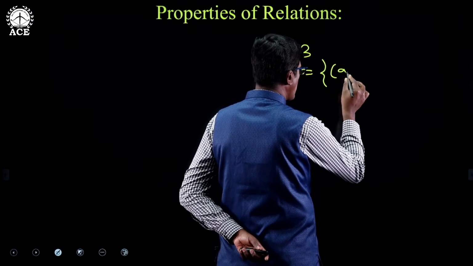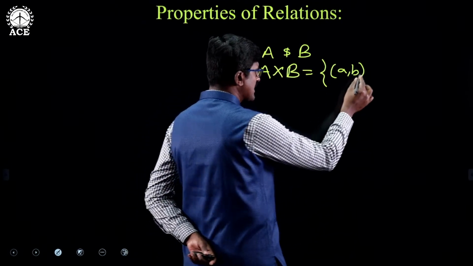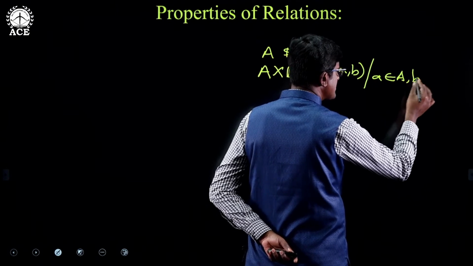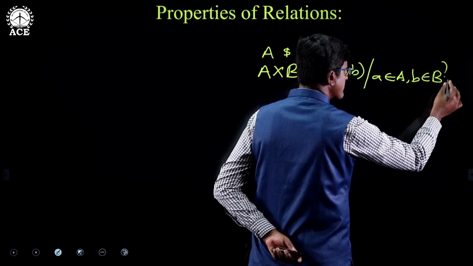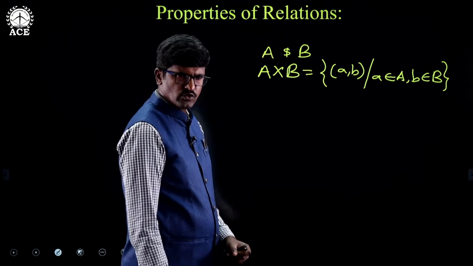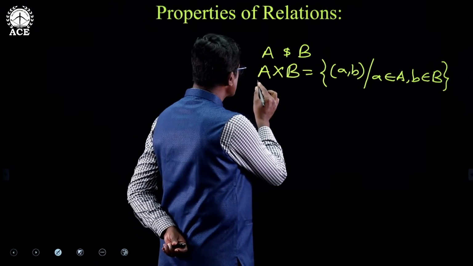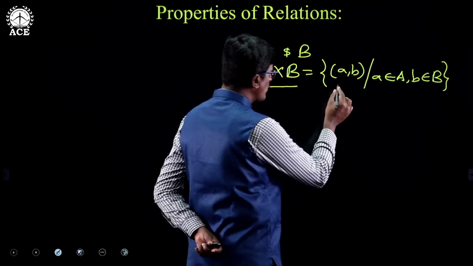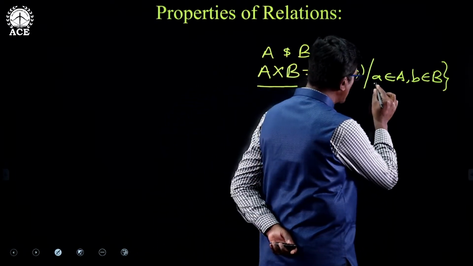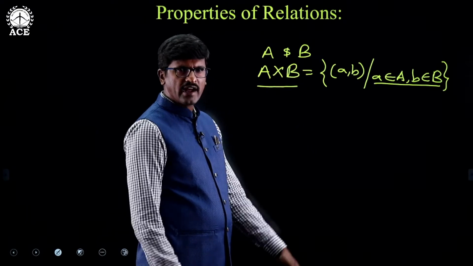It is the set of all ordered pairs (a, b) such that a is taken from the set A and b is taken from the set B. So this is the Cartesian product.